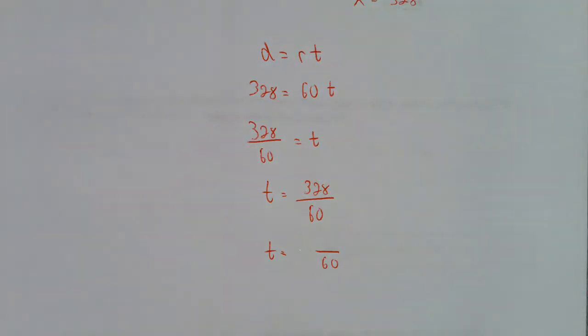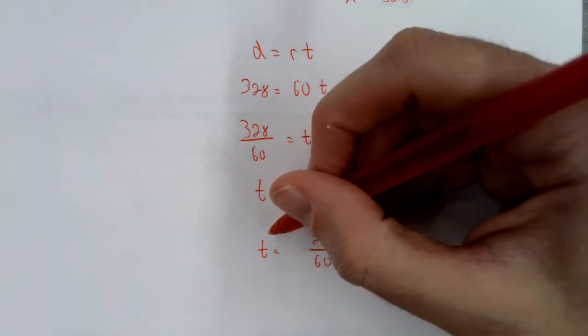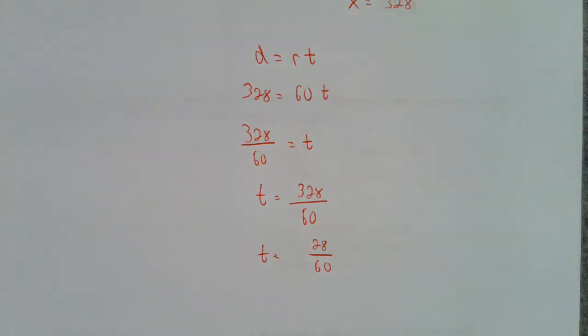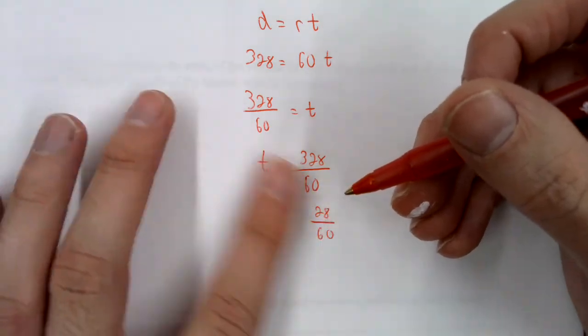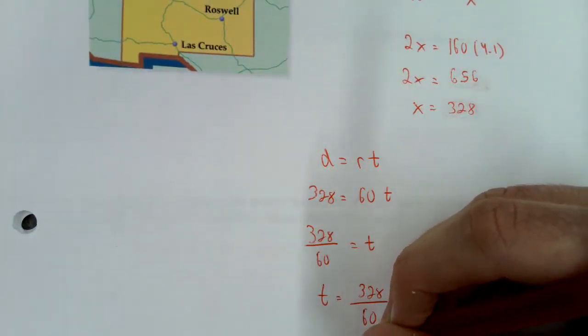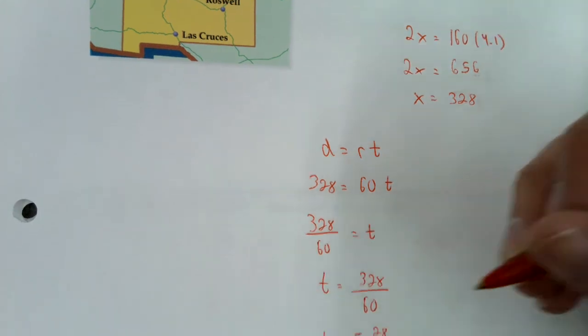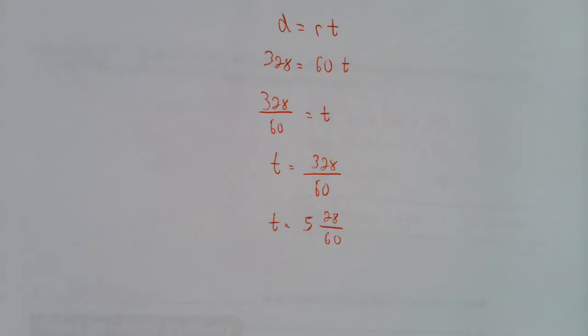Okay, you're trying to simplify 328 over 60. So how many 60s are in 328? Answer is 5 60s. That gives you 300. So it means there's 28 left over. So it's going to be 5 and 28 60ths. Okay. So this number should be a 5. So what that means is it's going to take you 5 hours and 28 minutes.